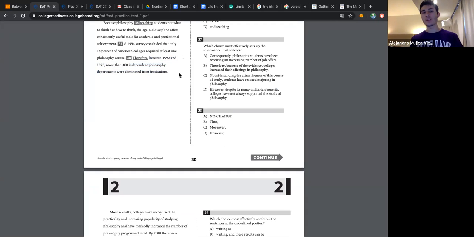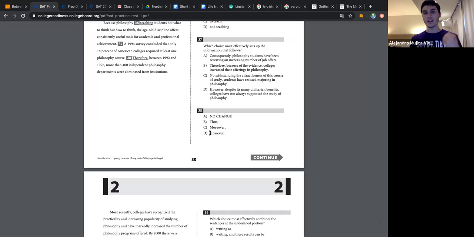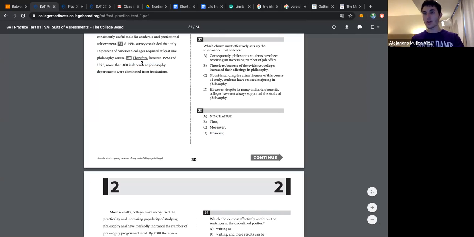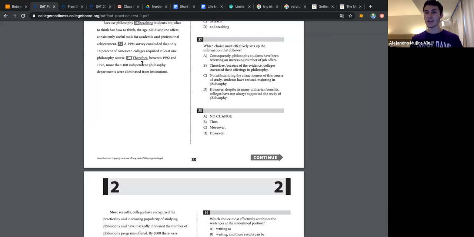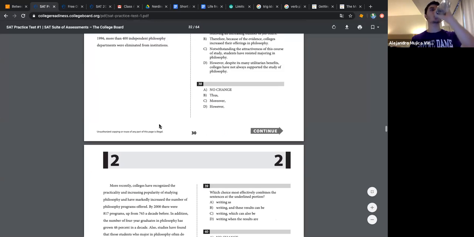So, since these are both statistics that we're adding, we cannot set up therefore or thus because they're not concluding from each other. However indicates contrast, and we do not have contrast here. Moreover indicates additional information on the same topic. So that's the perfect choice in this case.